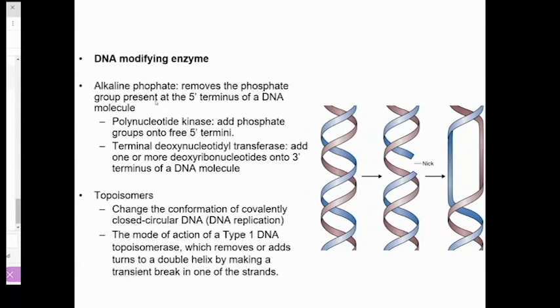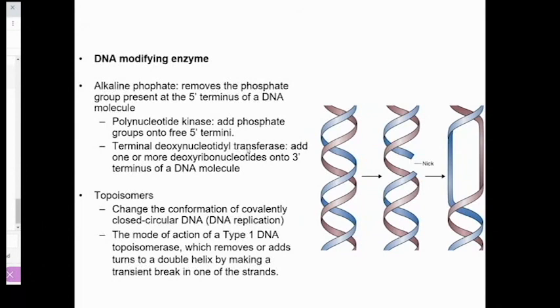That's a DNA modifying enzyme. Or the alkaline phosphatase, right? That can remove the phosphate group at the 5' terminal of the DNA molecule. Then we have polynucleotide kinase, which adds the phosphate group to the 5' terminal, or the terminal deoxynucleotidyl transferase.